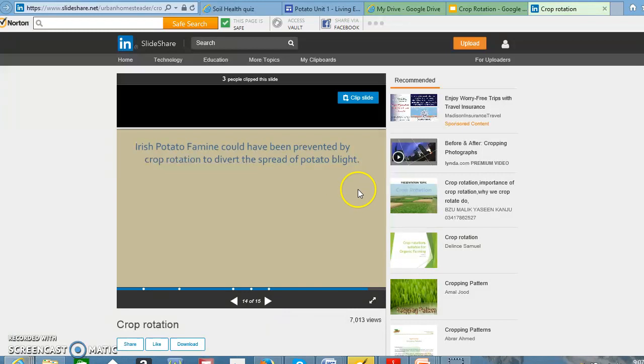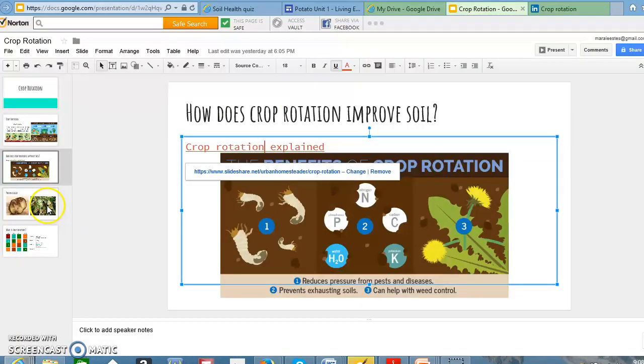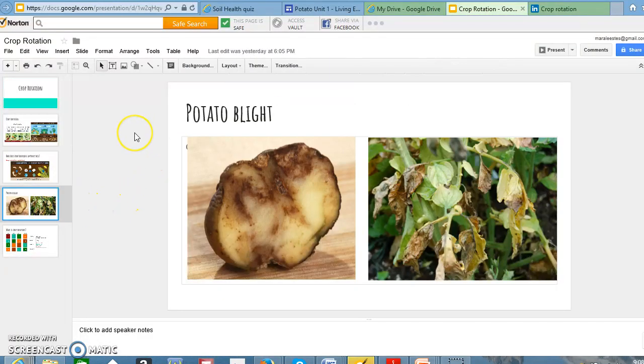So as you can see, and as you'll learn more with global history, the Irish potato famine could have been prevented if they had used crop rotation, and this would have stopped the spread of the potato blight, which is ultimately what caused the Great Irish Potato Famine. So I will show you here, this is what blight looks like. This is a type of disease that specifically affects potatoes and tomatoes.